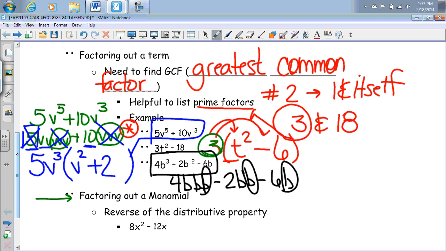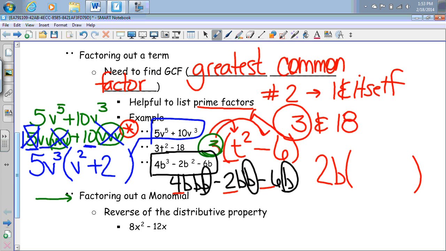So I know I'm going to take out a b. Then I look at my coefficients. I have a 4, I have a 2, and I have a 6. 2 is a prime number, the highest I can take, and they're all even, so 2 will go into it. So it's going to be 2b, that's the monomial I'm going to pull out.